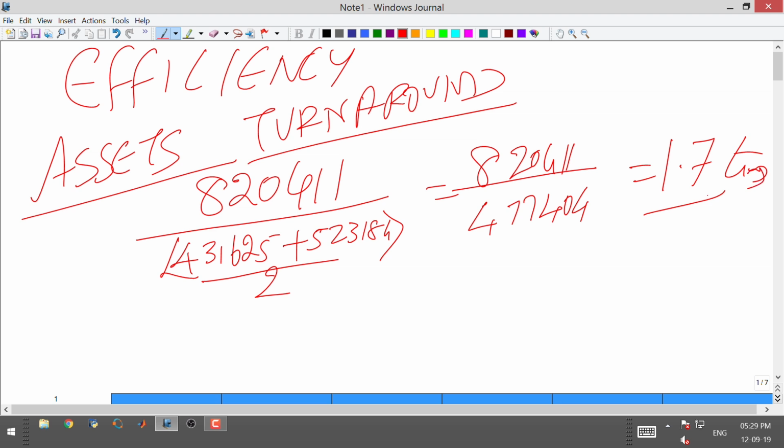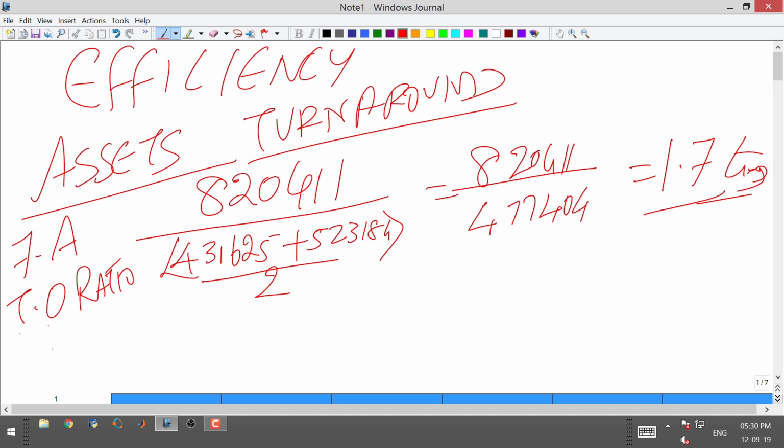My sales is about 1.7 times my fixed assets. In this case I have taken only non-current assets, that is fixed assets. This is the fixed asset turnover ratio.